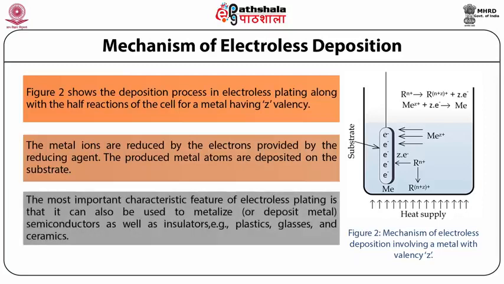The most important characteristic feature of electroless plating is that it can also be used to metallize or deposit metal on semiconductors as well as insulators. For example, plastics, glasses, and ceramics. The mechanism of electroless deposition involving a metal with valency Z is shown in the figure.